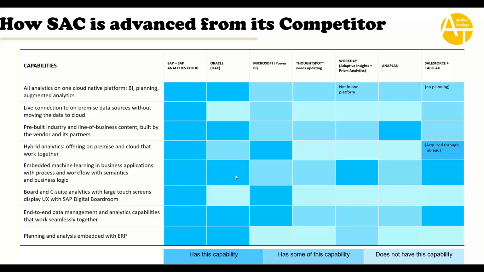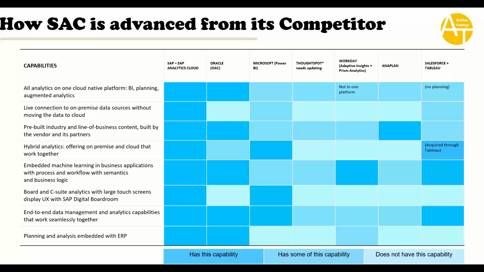Here Analytics Cloud, Oracle, Workday, and Tableau have high capability. Then we have C-suite analytics for large touch screens with UX and digital boardroom. You have large touch screens with multiple monitors and projectors in large meeting rooms, where you want to project high definition graphics with drill down and slicing of data. Here SAP Analytics Cloud and Power BI have good capability.